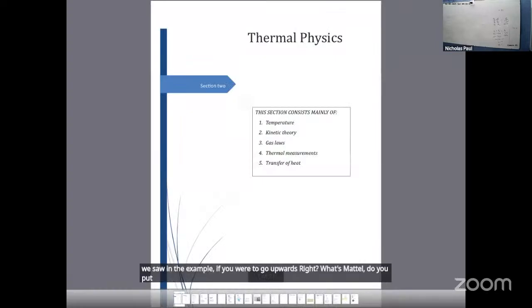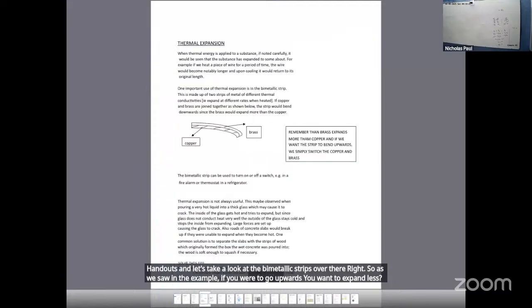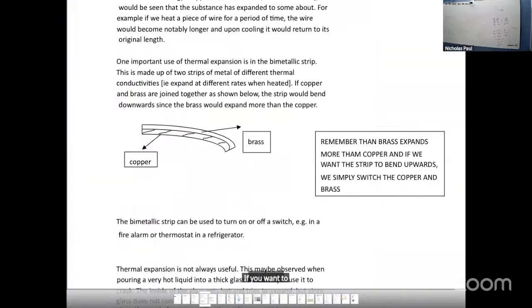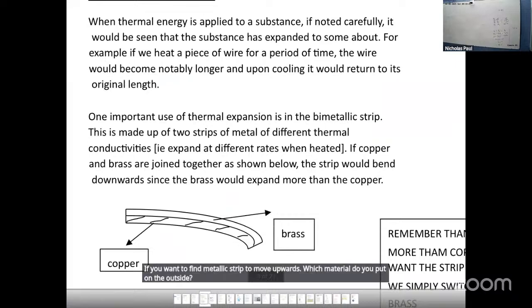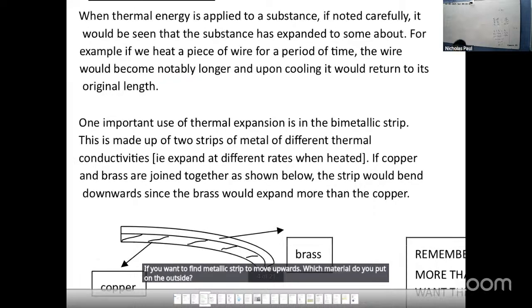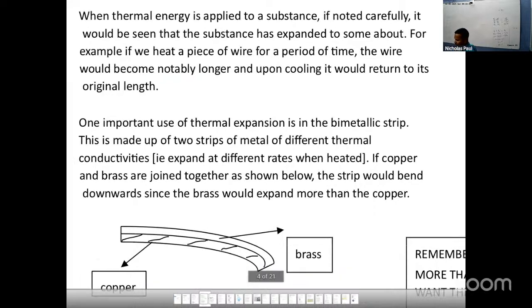The one that expands more or the one that expands less? If you want the bimetallic strip to move upwards, which material do you put on the outside? The one that expands more, right?